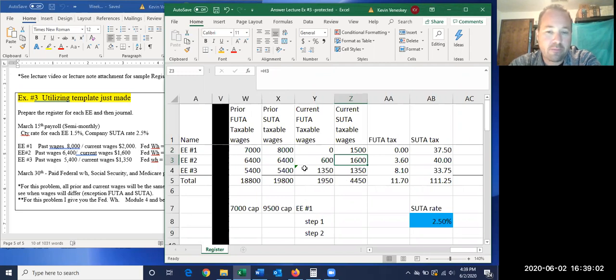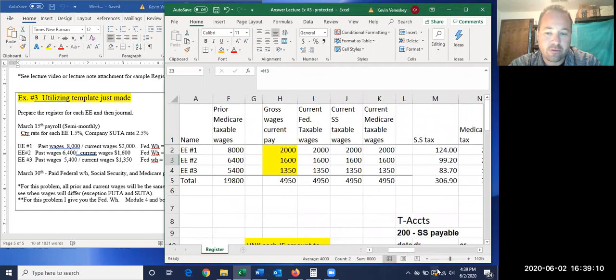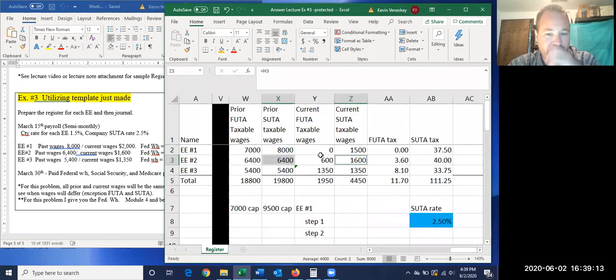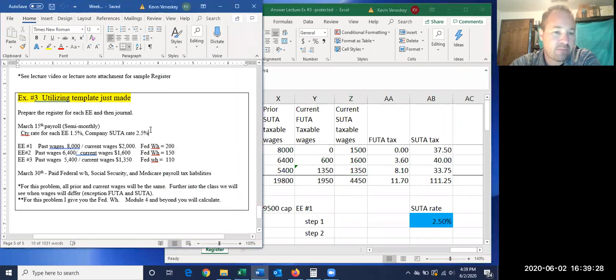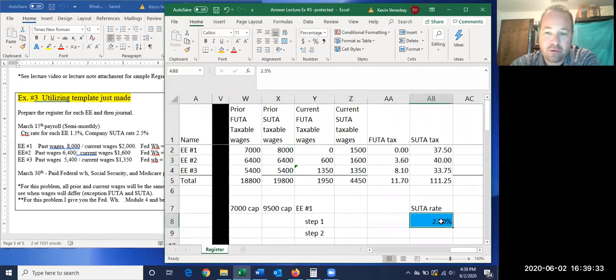When I come to employee number 2, I take their prior wages plus the federal, where it was 1,600. If I add these together, that's 8,000. That is not over the cap, so I don't do anything. I just leave it at 1,600. This guy is way below the cap still, so I don't do anything with him either. Now for the SUTA, the problem tells us that the rate was 2.5%. So I put in that 2.5, and then all these cells reference that, as you should have in your template.